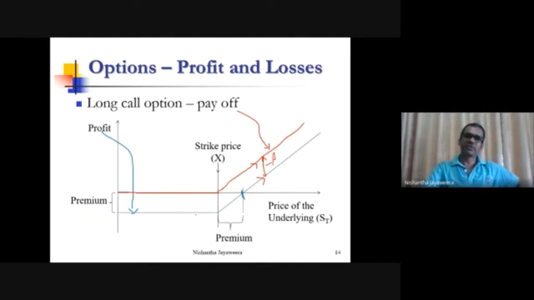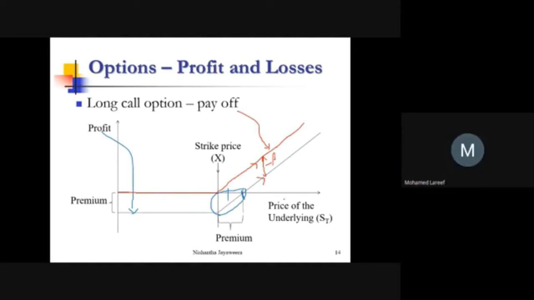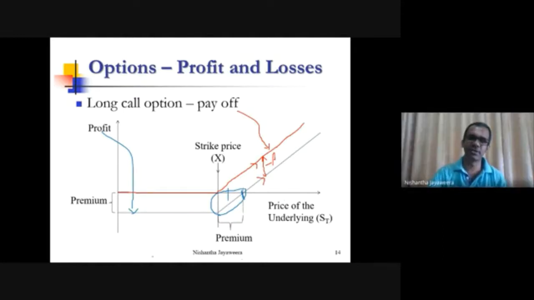But remember, even though you make a loss in this area, it doesn't matter. As a buyer of the call option, you should exercise your right. Even when the spot price is somewhere here, you should exercise your right. If you don't exercise your right, what would happen? Your loss will be more. Your loss will be equal to the premium. So that means this line goes like this, then jumps here.